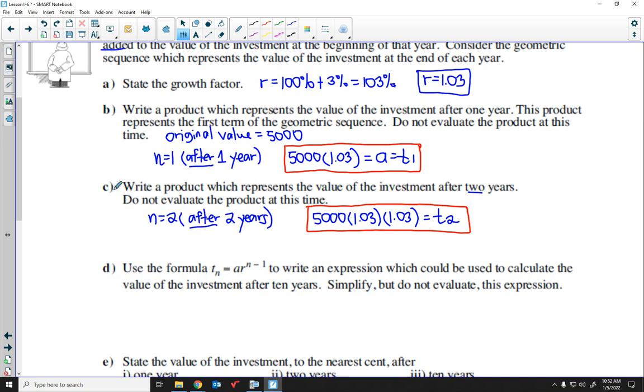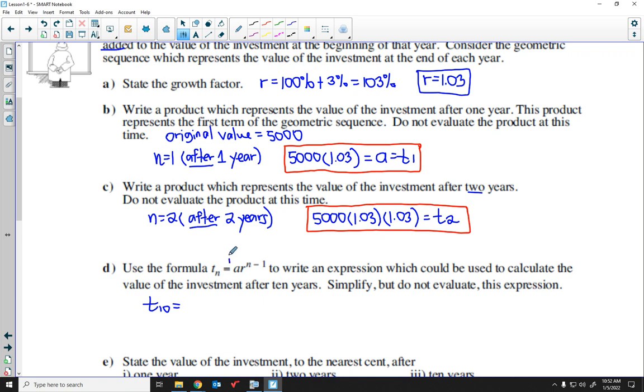Value of the investment after 10 years. So this would be T10, which would be equal to, well, let's identify what all the stuff is first.